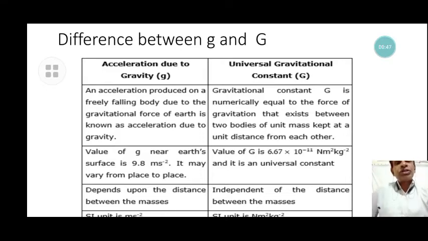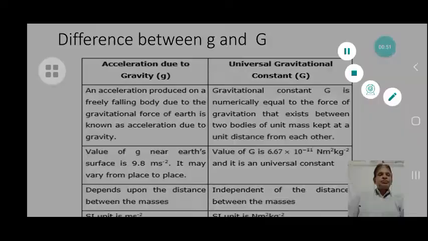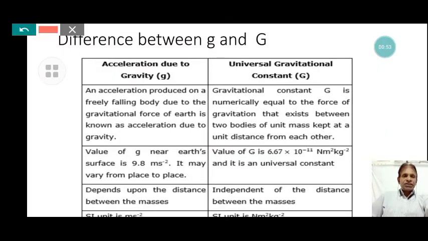Now, the difference between the acceleration due to gravity and the gravitational constant is that the acceleration produced on a freely falling body due to the gravitational force of the earth is known as acceleration due to gravity.